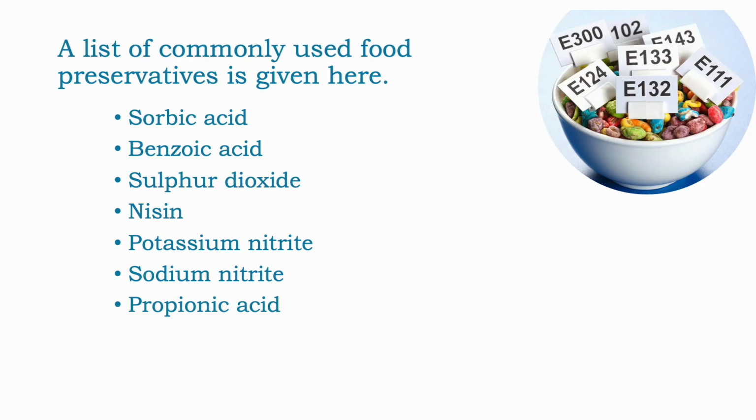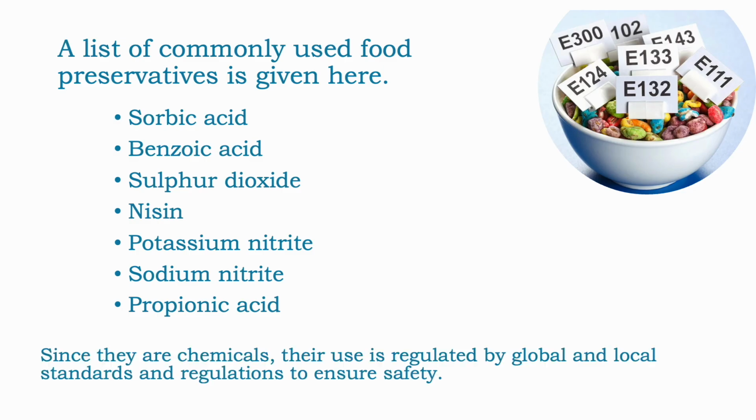They are sorbic acid, benzoic acid, sulfur dioxide, nisin, potassium nitrite, sodium nitrite and propionic acid. Since they are chemicals, their use is regulated by global and local standards and regulations to ensure safety.